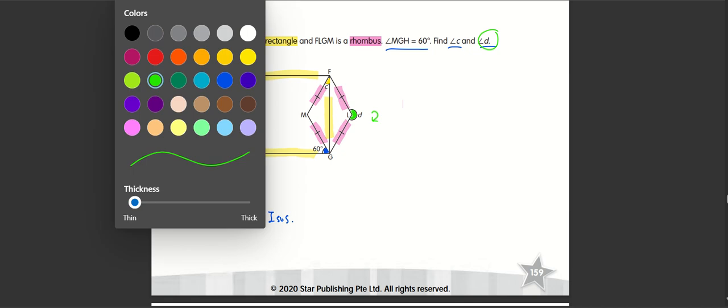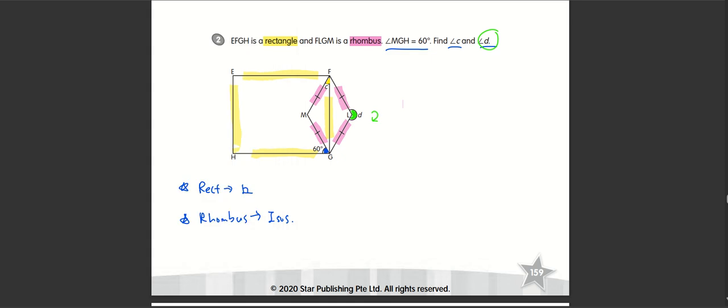Okay, that brings us to our first step to answering the question. Let's see if there is enough information here. So starting with the rectangle, so these are the four corners we're referring to, the 90 degrees, and that gives us the first possibility of finding this angle here.